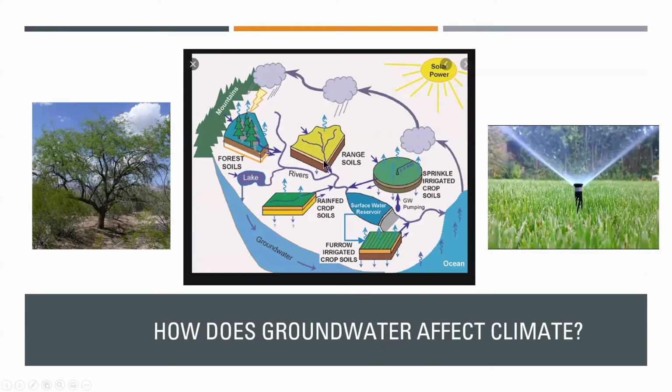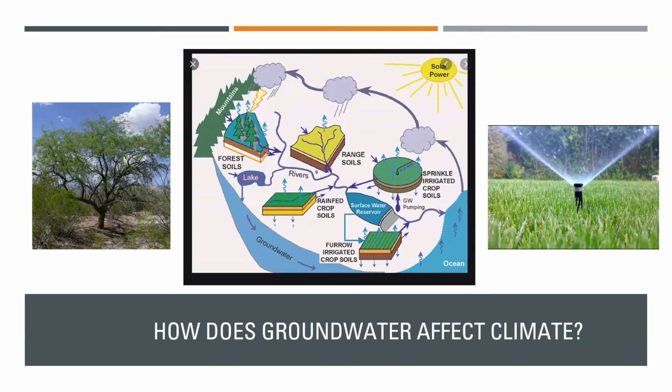Well, there are two ways in which we bring this groundwater onto the surface and make it interact with climate. One, naturally we do that. There are plants called phreatophytes, mesquite, juniper, other types of tree species. They have very deep roots, or if your water table is very shallow, there are other plants that can tap into that groundwater as well.